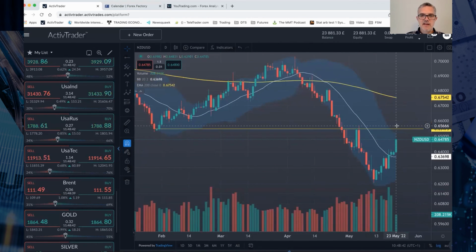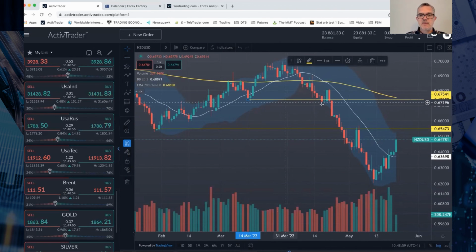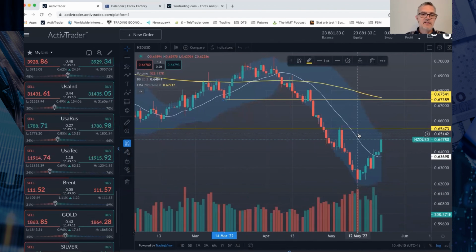So if we get back above there, I think the Kiwi goes a lot higher, up towards the 0.68, and retraces a lot more of this move from the 5th of April down to the lows from the 12th of May. So looking to see if we can get back up towards the 200-period moving average, and up to this old swing low where we had this little balance area here. The low from the 21st of April is my target at the moment, and that's the trade I'll be looking for this week ahead of the RBNZ rate hike.